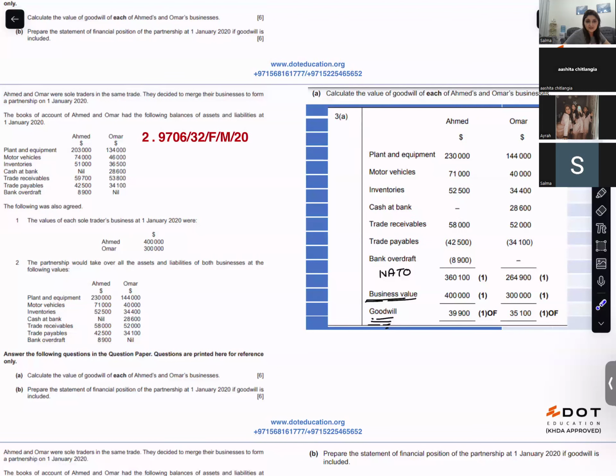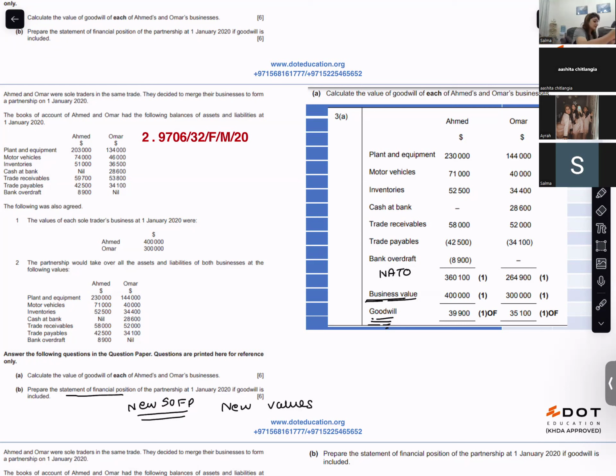Now, what have they asked us to prepare? Can you read the B part? Prepare the statement of financial position of the partnership at 1st January 2020 if goodwill is included. Okay, fine. So they want the new statement of financial position. The new statement of financial position will be at which values? The new values. New values are which values?